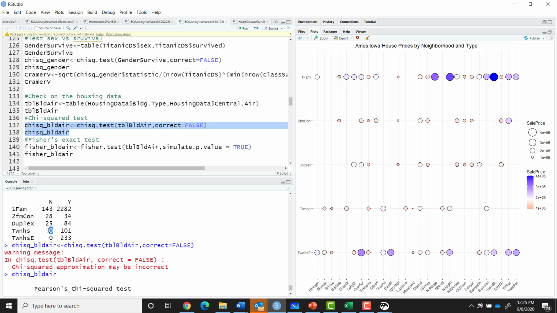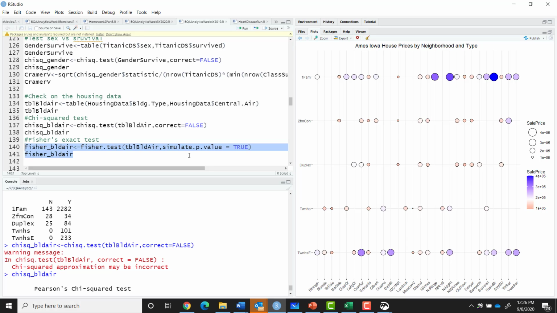Some of these expected values might actually be less than 5, which means we can't use the chi-squared test. In this case, we use something called the Fisher exact test, which basically works through the individual combinations of rows and columns. And that doesn't have that assumption.